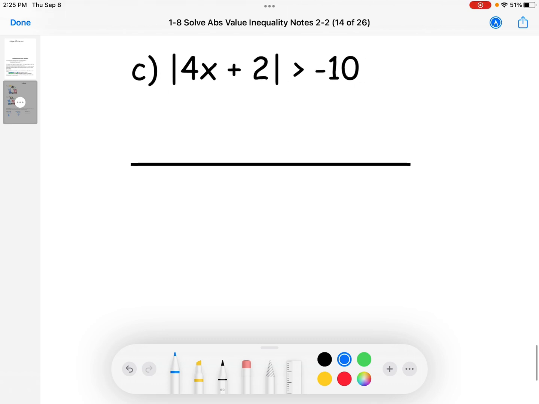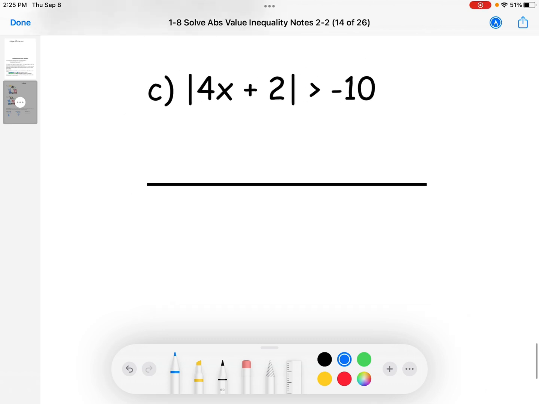Look at part C though. Part C tells us that a positive number is greater than a negative number. Think about it this way. Positive 1 is greater than negative 10. Positive 1 billion is greater than negative 10. Positive 10,008 is greater than negative 10. It does not matter what x value you try and plug into this inequality.